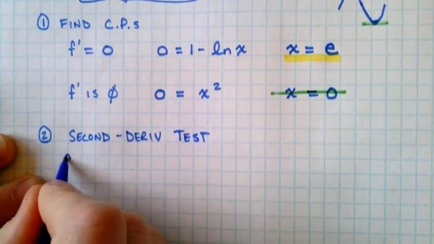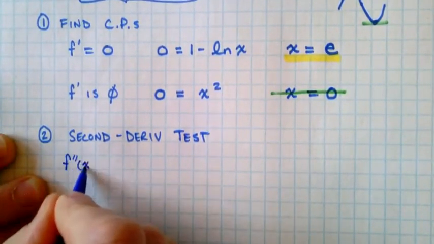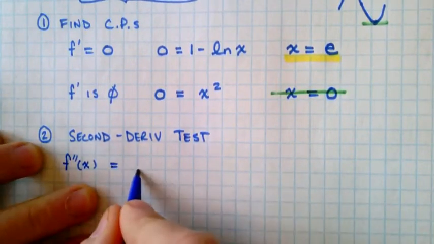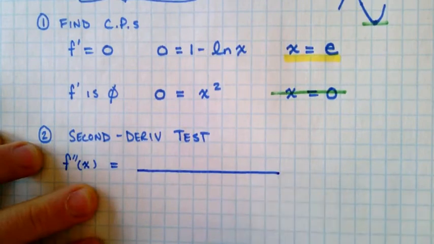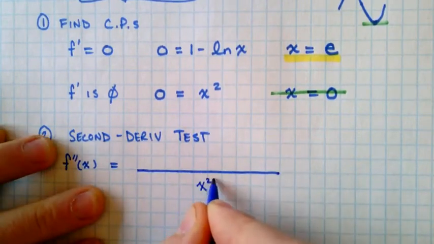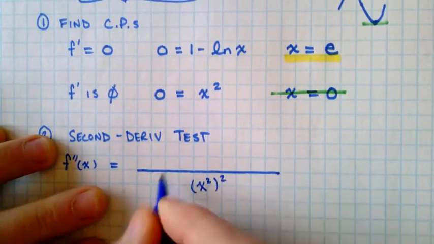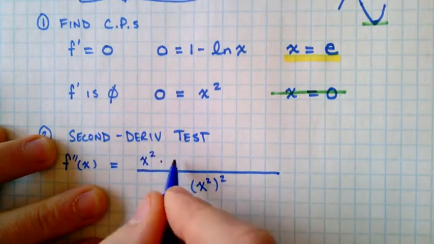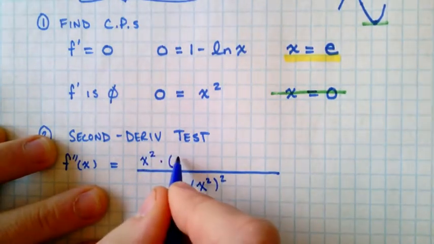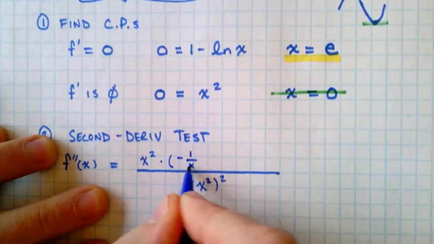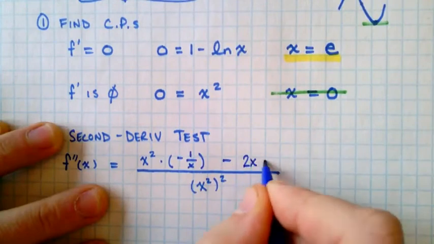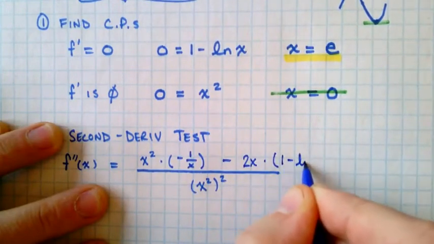So first you need your second derivative. Our second derivative using the quotient rule would be x squared gets squared in the denominator. Numerator would be x squared multiplied by the derivative of the numerator, which is negative 1 over x, minus the derivative of the denominator times the numerator.